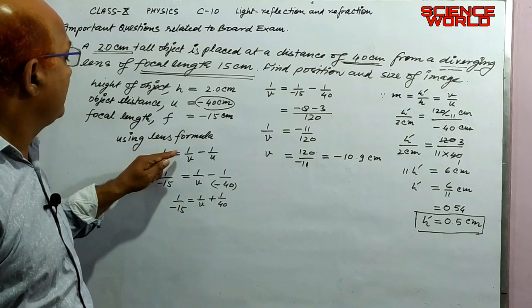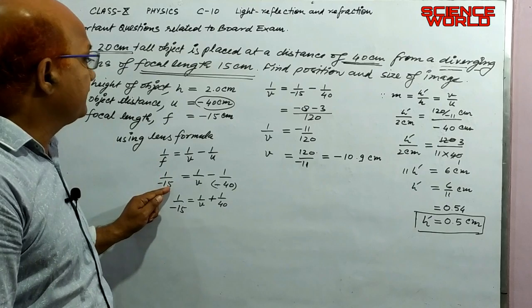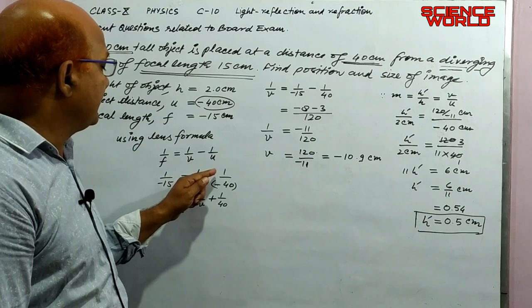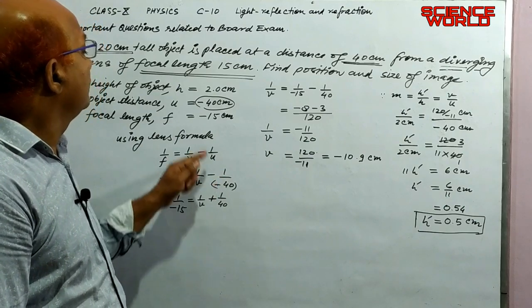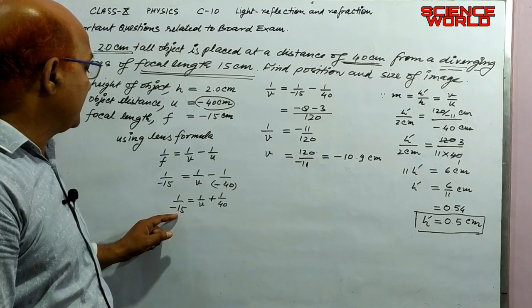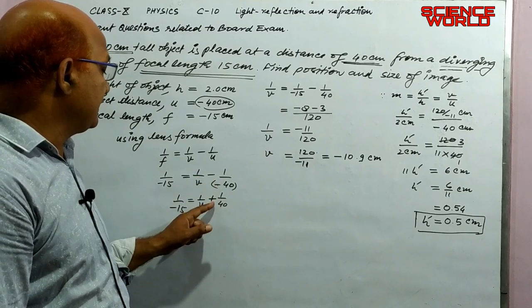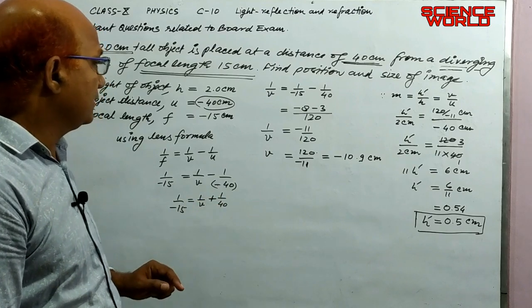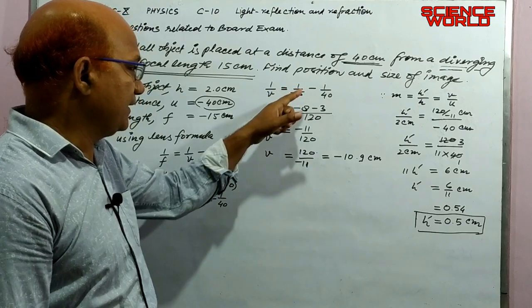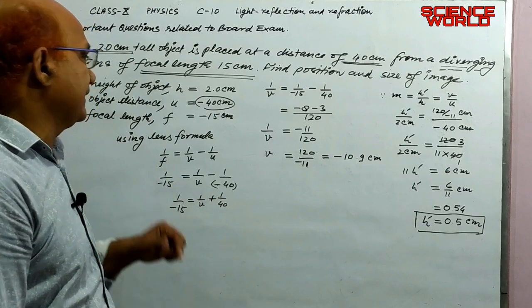Again I repeat, 1 upon f equal to 1 upon v minus 1 upon u. 1 upon minus 15 because focal length is minus 15. This is 1 upon v minus 1 upon u. It is minus 40 centimeter. So, 1 by minus 15 equal to 1 by v plus 1 by 40. This is 1 upon v equal to 1 by minus 15 minus 1 by 40, because this value is transferred in this side.